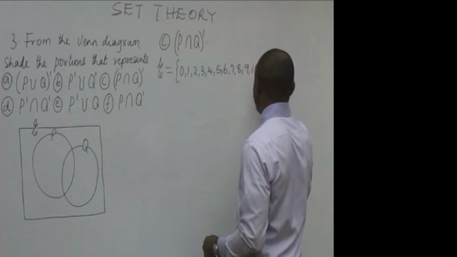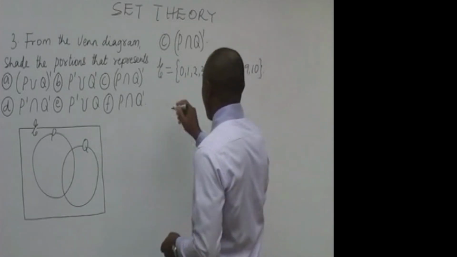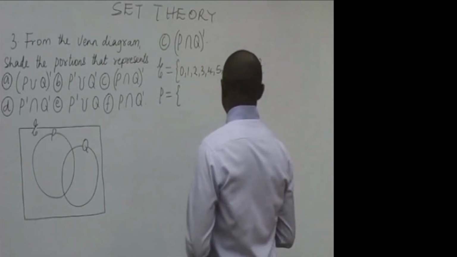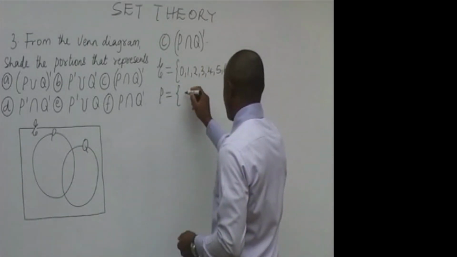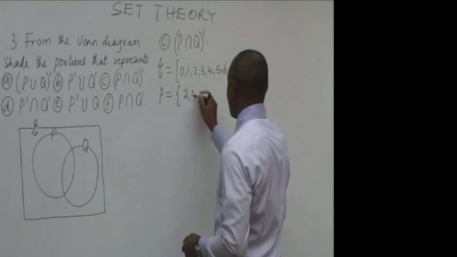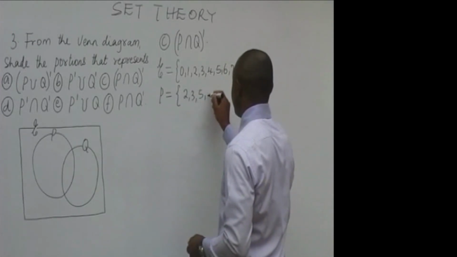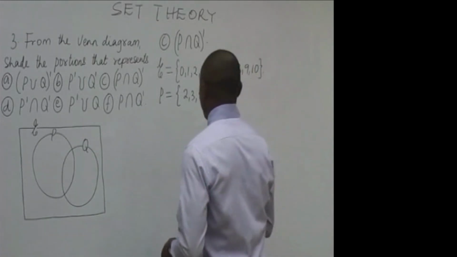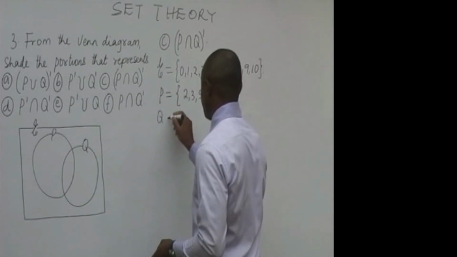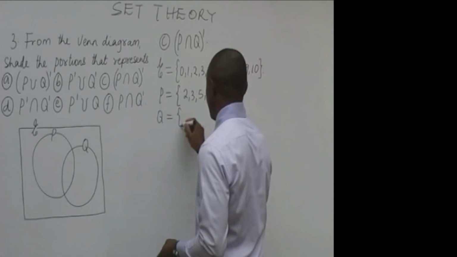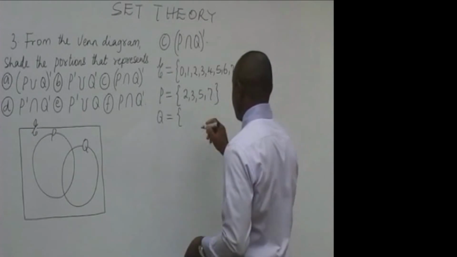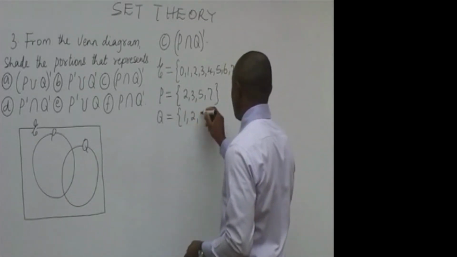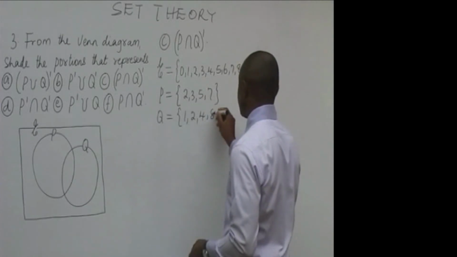Then we chose our P to be prime numbers, and the prime numbers are 2, 3, 5, and 7. We also chose our Q set to be factors of 8, and we had them to be 1, 2, 4, and 8.